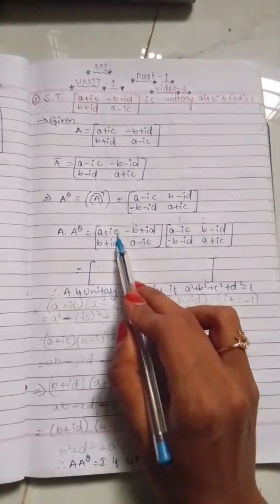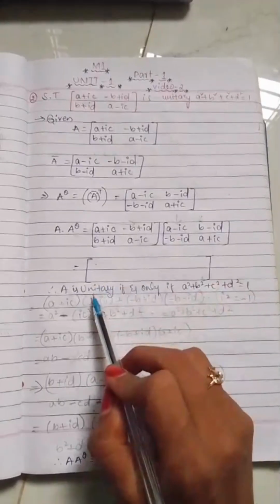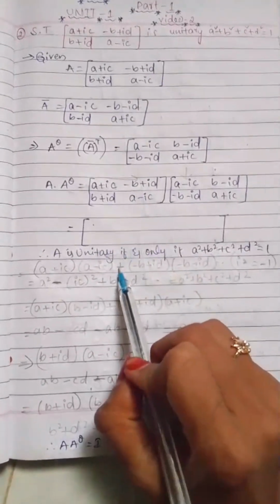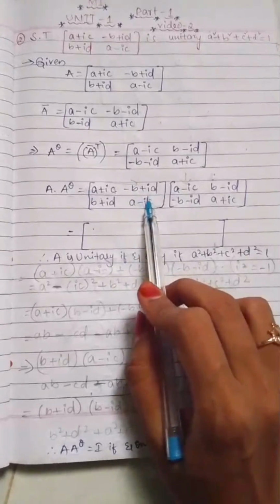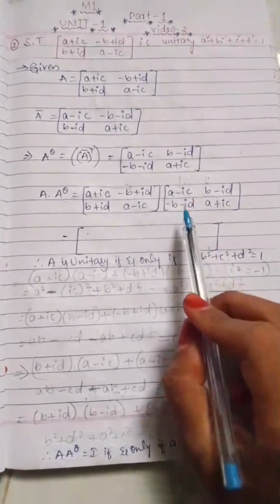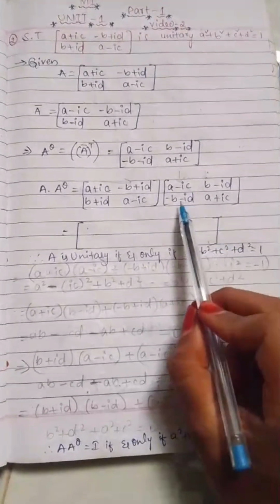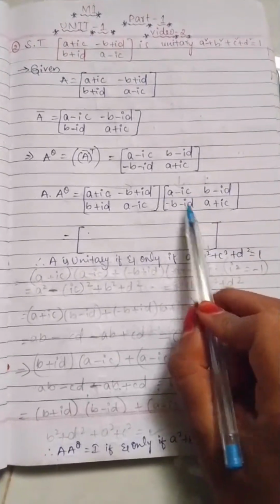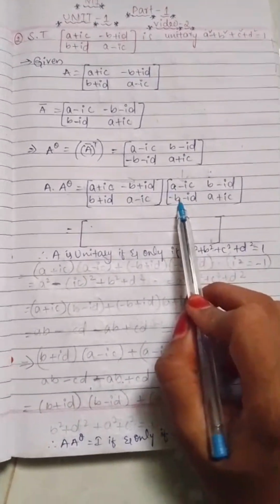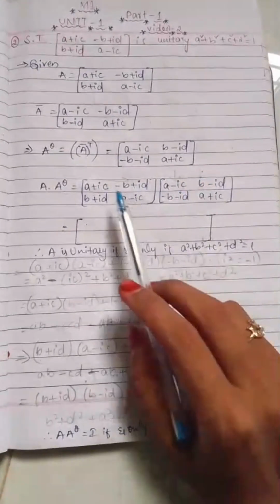Here a + ic into a - ic. Then plus, -b + id into -b - id. Got it? First row, first column, then again first row and second column.